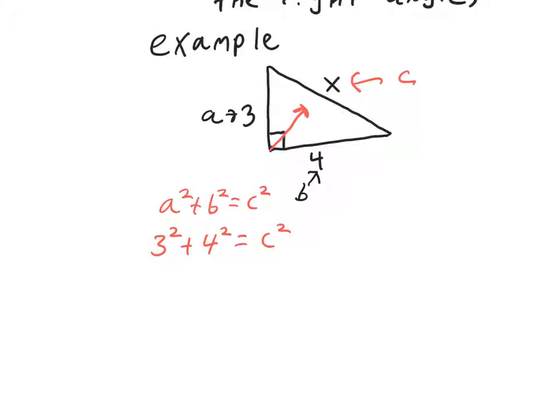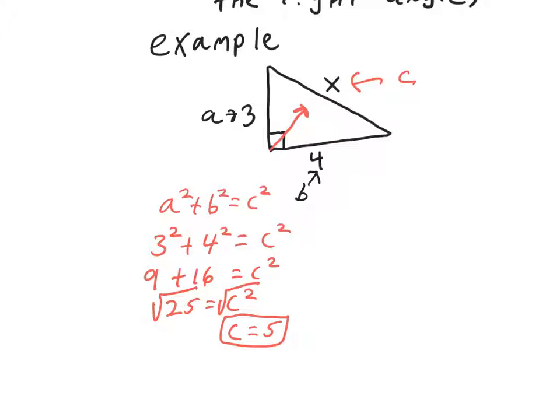Then we square those, so we get 9 plus 16 equals c squared. Add those together and we get 25 equals c squared. Then we take the square root of both sides to get rid of the square, and so c is equal to 5. So side x is 5.